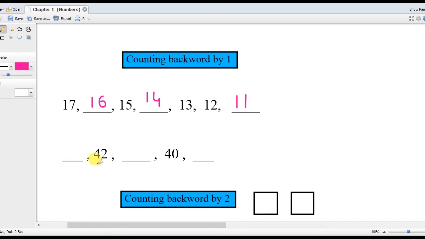What is the number that you should write here so that its previous number is 42? Obviously, the number that comes after 42 is a bigger number, right? If you ever get confused, the pattern we are following here is the 40s, right? So this digit will tell us what number should be here. So that is a bigger number.